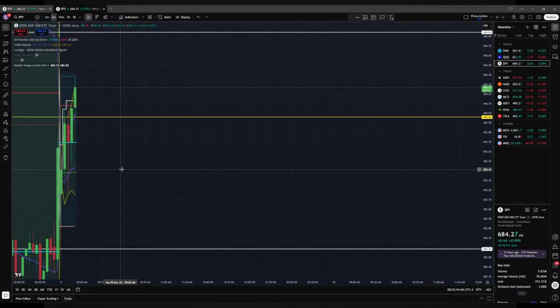And I like this price action a lot better than the last setup we had, because it looks a little jumpy. I don't want it to run away too far though before we get in.